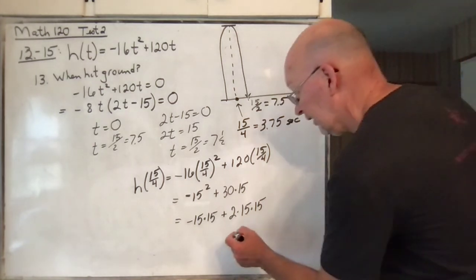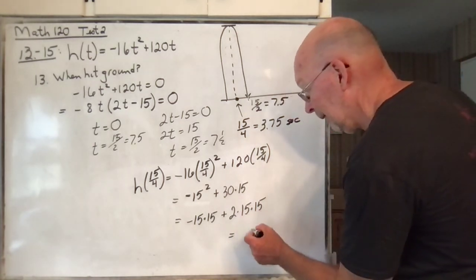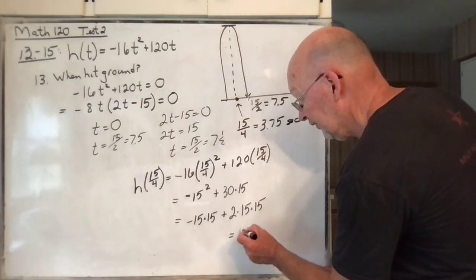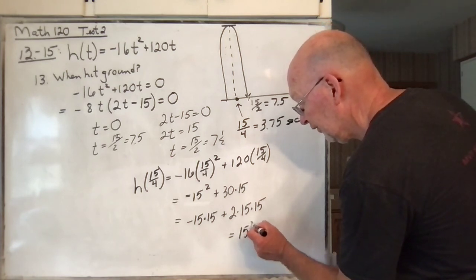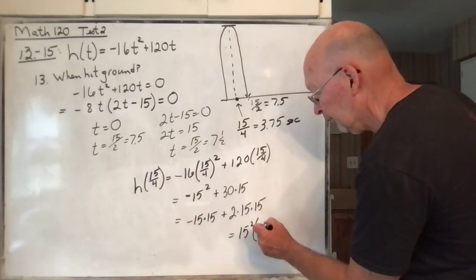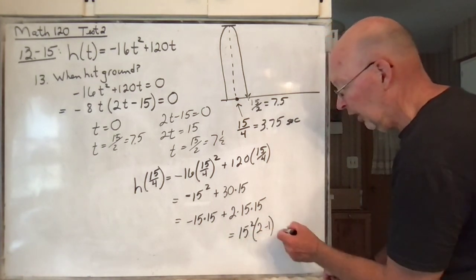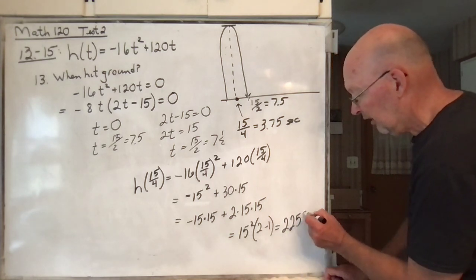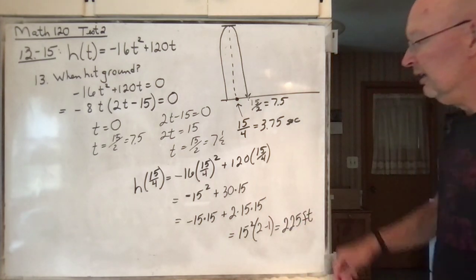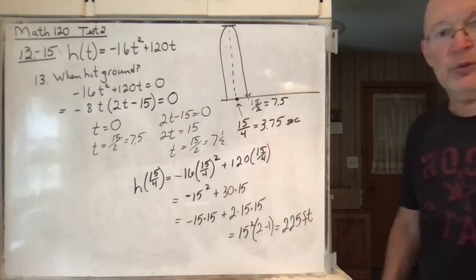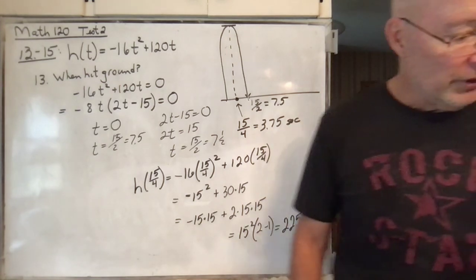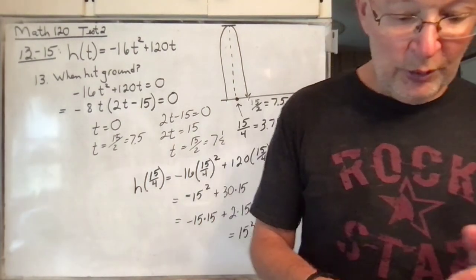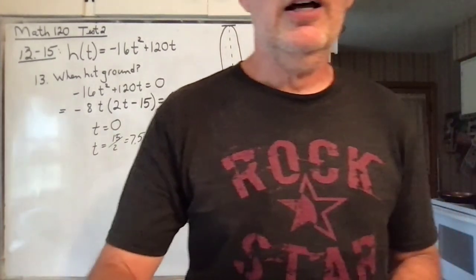And so I can factor the 15 times 15 out, which is 15 squared, and I'm left with 2 minus 1, which is 1. So that's just 15 squared. 15 squared is 225. So the maximum height is 225 feet. There's the answer to number 15. And we'll continue on from here in the next video.